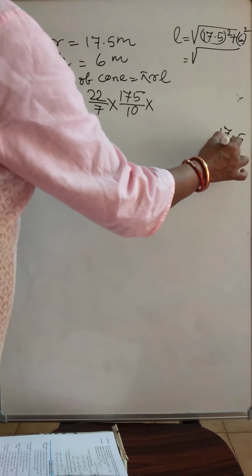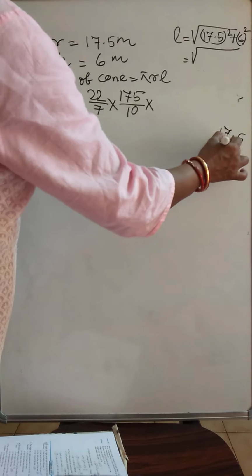This is 30625. After the 2 decimal point, I'll put the point plus 36. That will be 342.25.